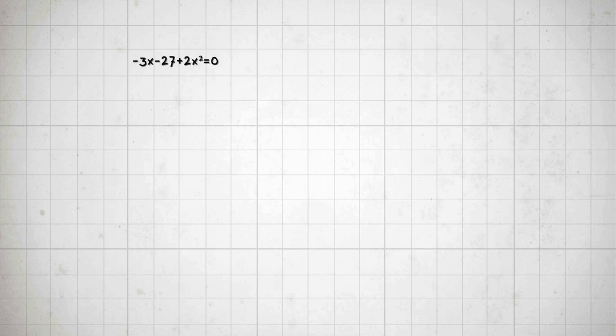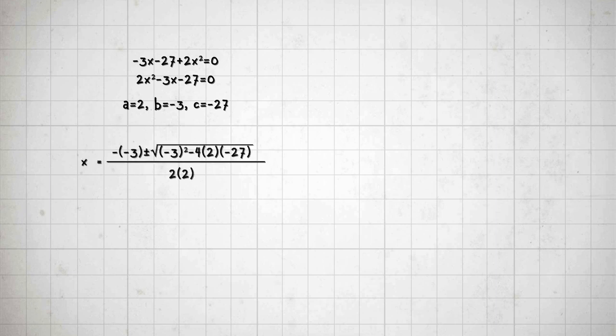Another example, negative 3x minus 27 plus 2x squared equals 0. We just have to arrange the terms in descending powers to write the equation in standard form. Then we identify the values of a, b, and c. Let's substitute these values in the quadratic formula.